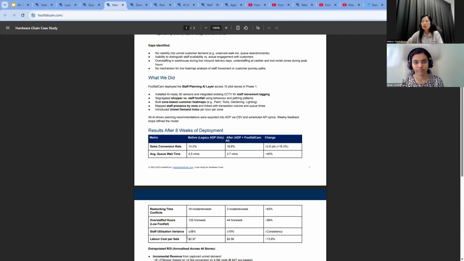One more thing is also for their zones, because they're zone based. For example, in the paint area, there is a customized paint machine, and that needs a special skill worker. So the general worker that can do cashiering and restocking, they cannot operate that paint machine.